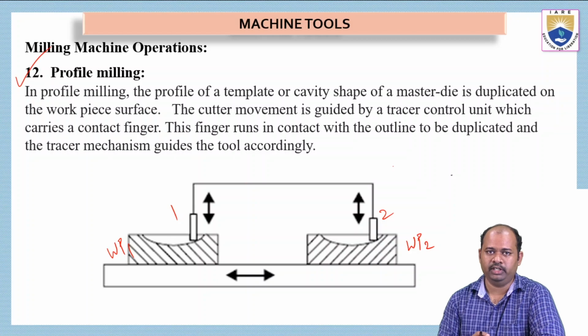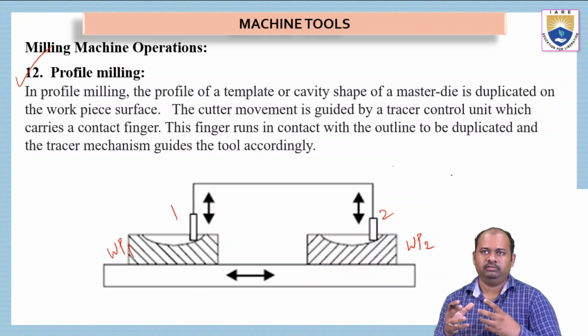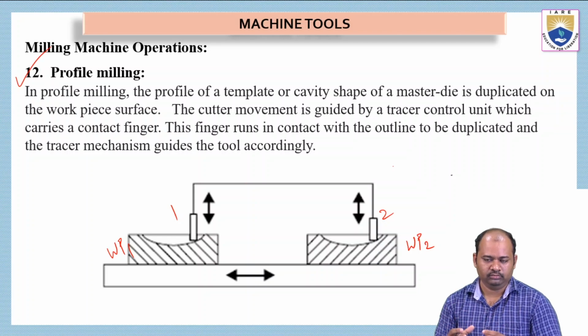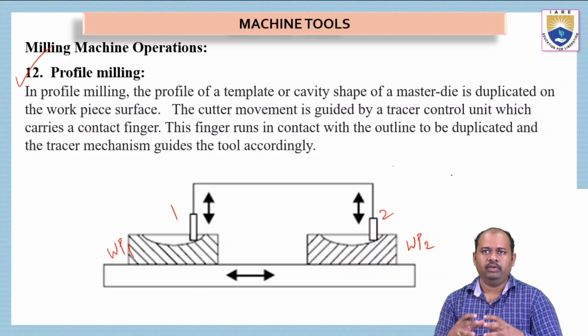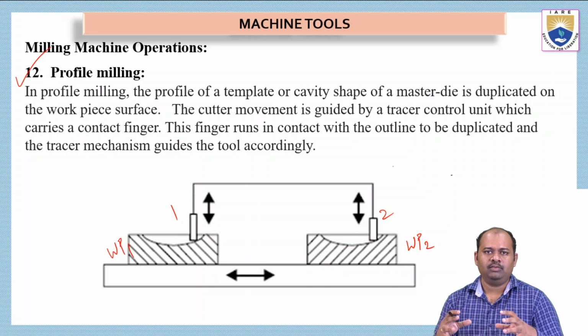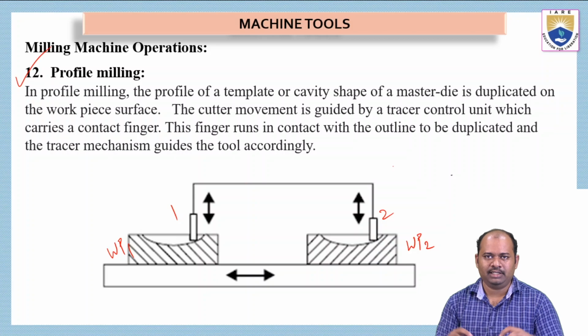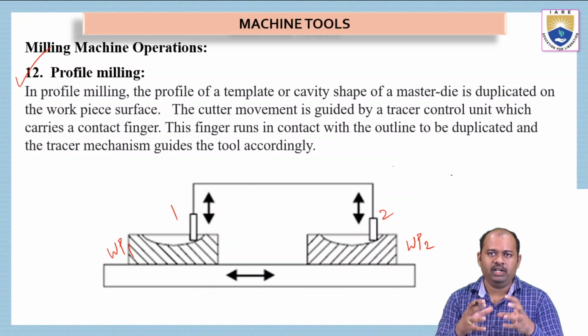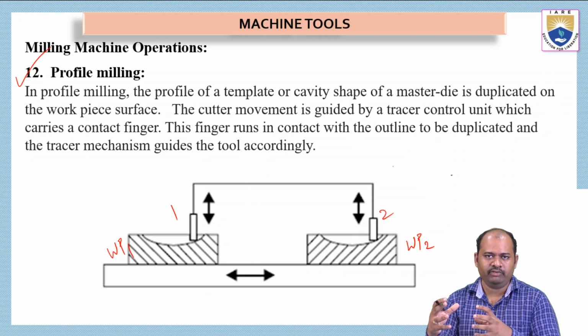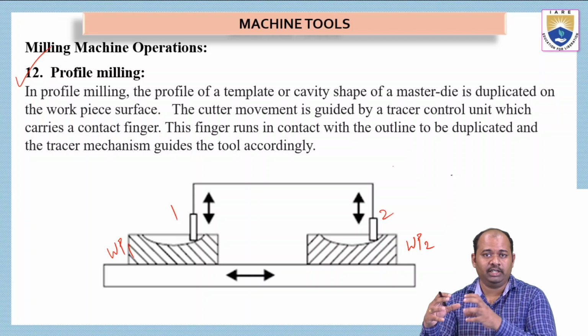Initially, we have to take the template of the cavity shape on the workpiece. Then we have to make the cutter movement while tracing the template. The movement of the cutter will be followed by the movement of the tracer. How will this tracer be moved? The tracer will follow the template.